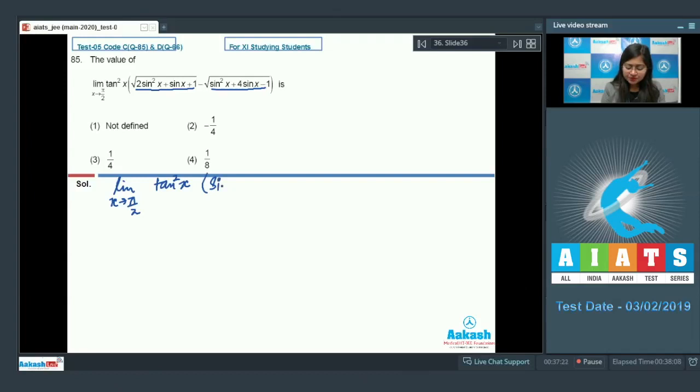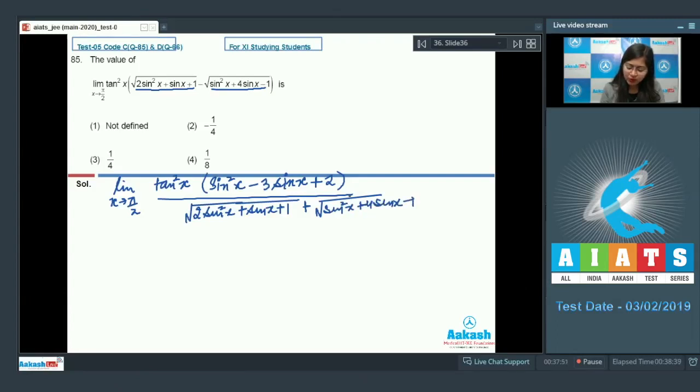So this will give us sin square x plus 1 minus 4, that is minus 3 times sin x plus 1 minus of minus 1, that is plus 2, upon under root of 2 into sin square x plus sin x plus 1 plus under root of sin square x plus 4 sin x minus 1.